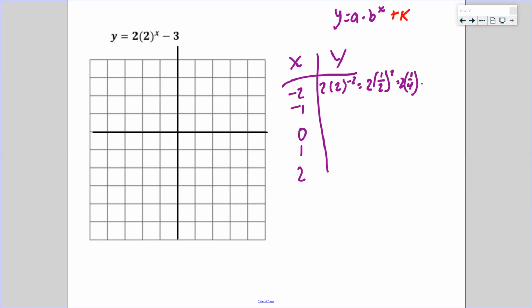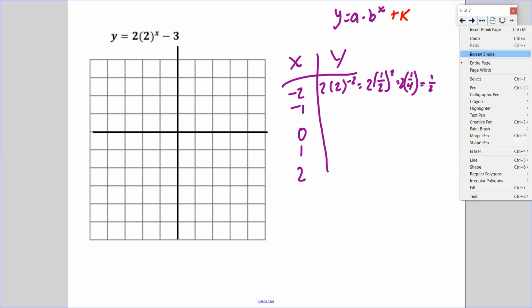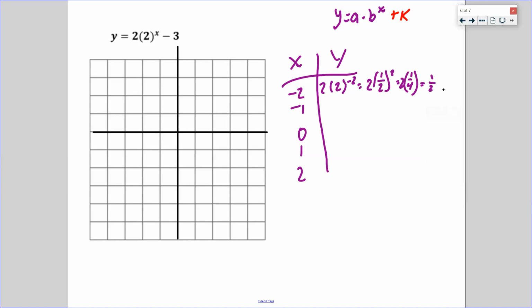Well, 1/4 of 2, that's 1/2. Minus 3. Ooh. So don't let that freak you out. 1/2 minus 3. That's just -2 and a half.